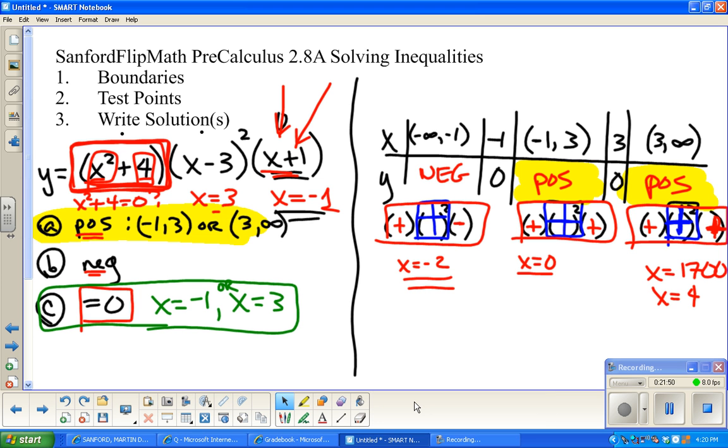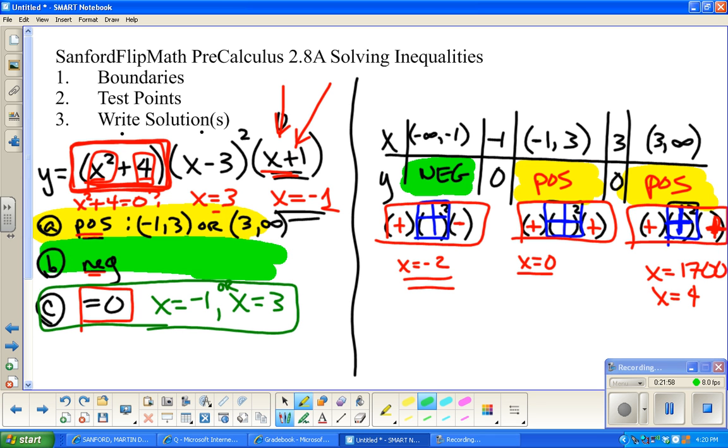And then negative, last little chunk. That's the only spot where it's negative, and that will be to the left of -1, so from -infinity to -1.